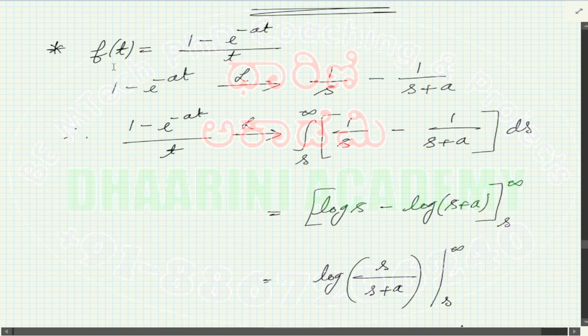So I start with this. 1 minus e to the minus at is the actual function. I'll take its Laplace. That is 1 by s minus 1 by s plus a. This is my function. Now, if you divide this by t, whatever f of s you have should be integrated with respect to s.